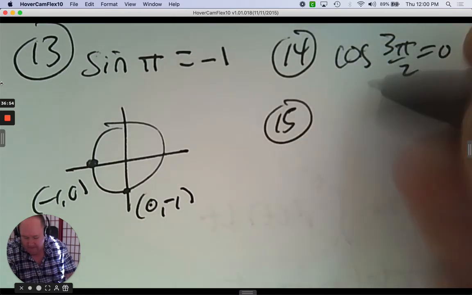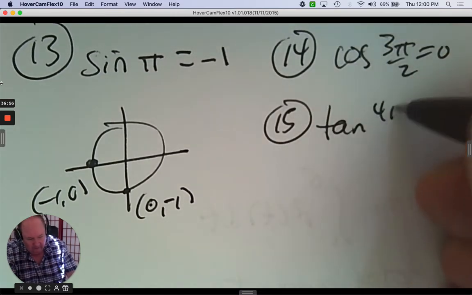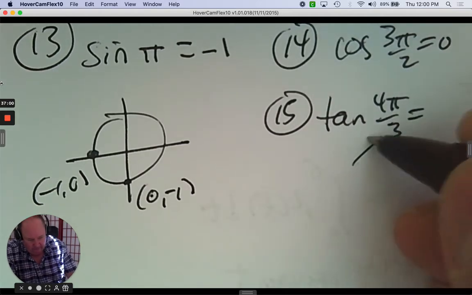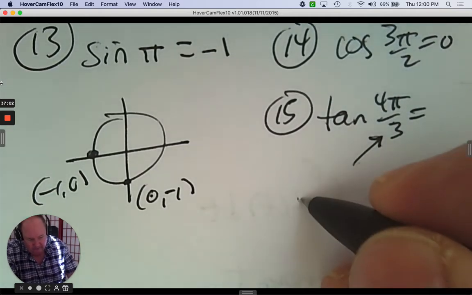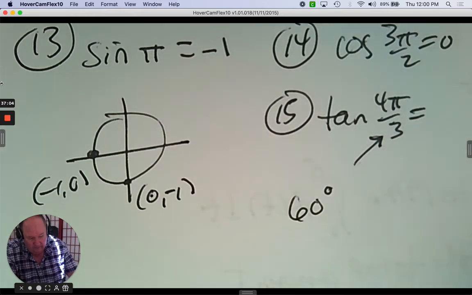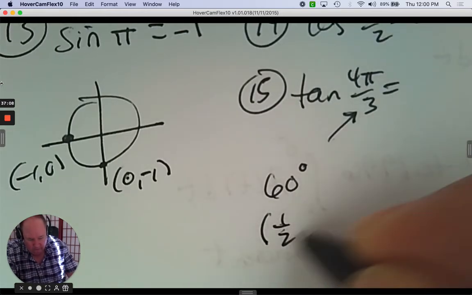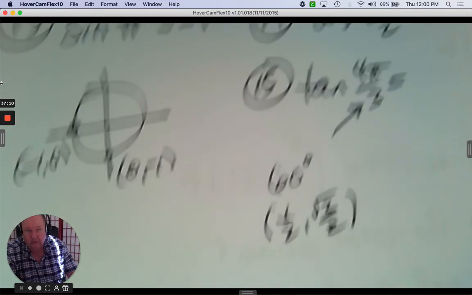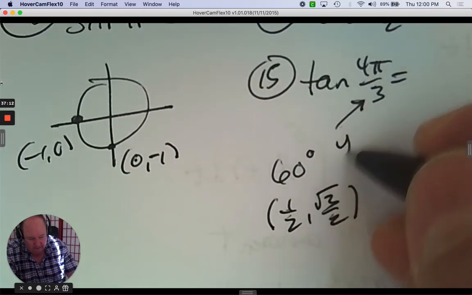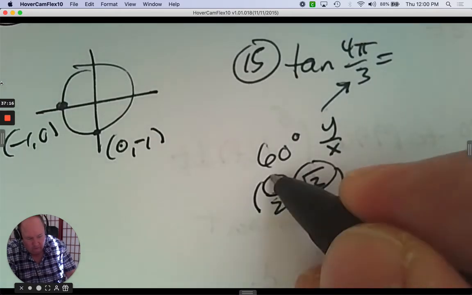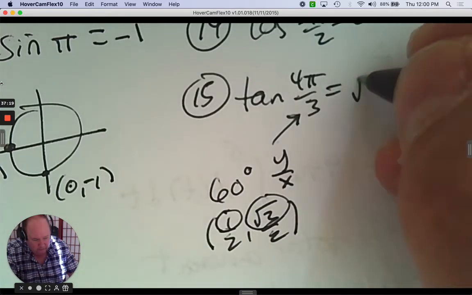Number 15, tangent, 4 pi over 3. Because it's over 3, it's a 60-degree reference angle. For a 60-degree reference angle, the order of the points is 1/2 and √3 over 2. Tangent, by definition, is y over x. So if I take the y coordinate over the x coordinate, I get √3.